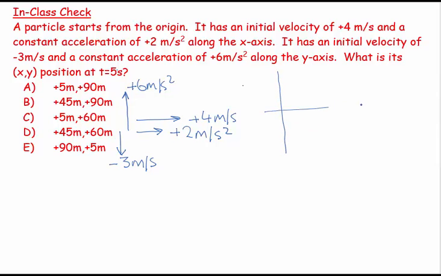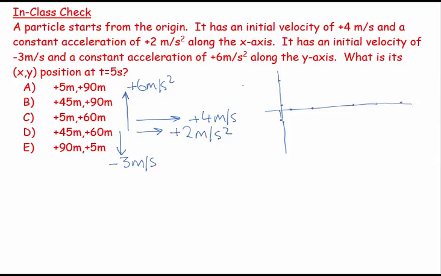So basically, if I was to plot this out, this would go faster and faster along the x-axis. And along the y-axis, this would go slower and then it would start zooming up.